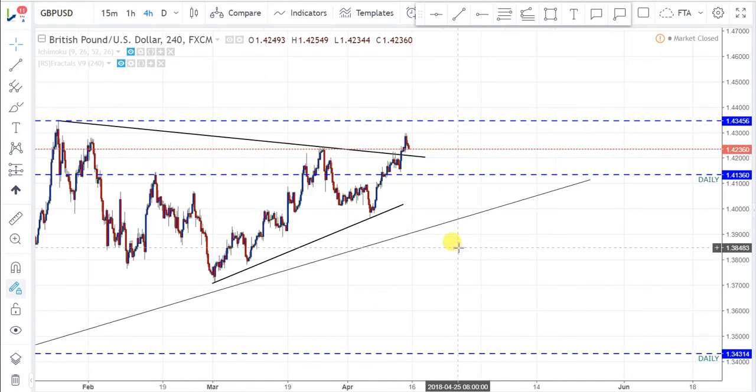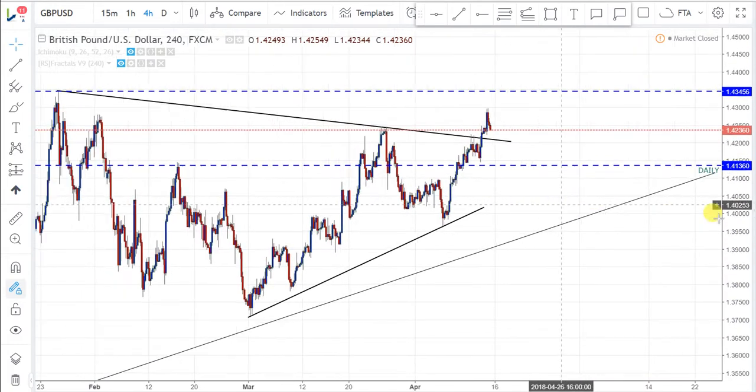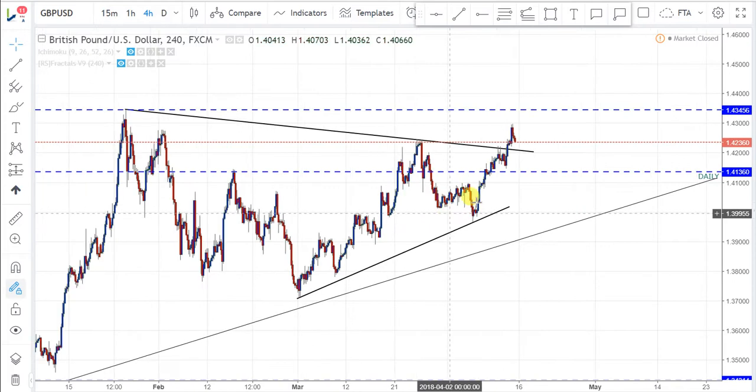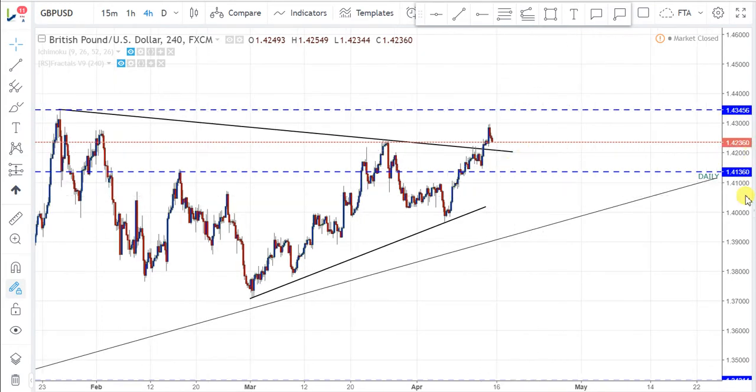So what we're going to try to do here is watch price action when the market opens today and see how we behave around here. I've got a daily support line we crossed, and then obviously we got the high of the flag pattern as being a daily resistance. So we're going to look how this behaves moving forward.